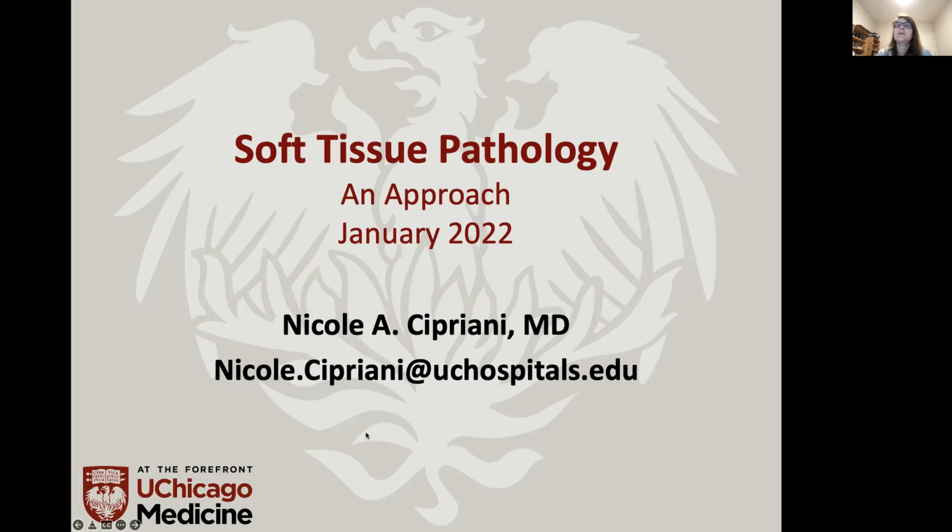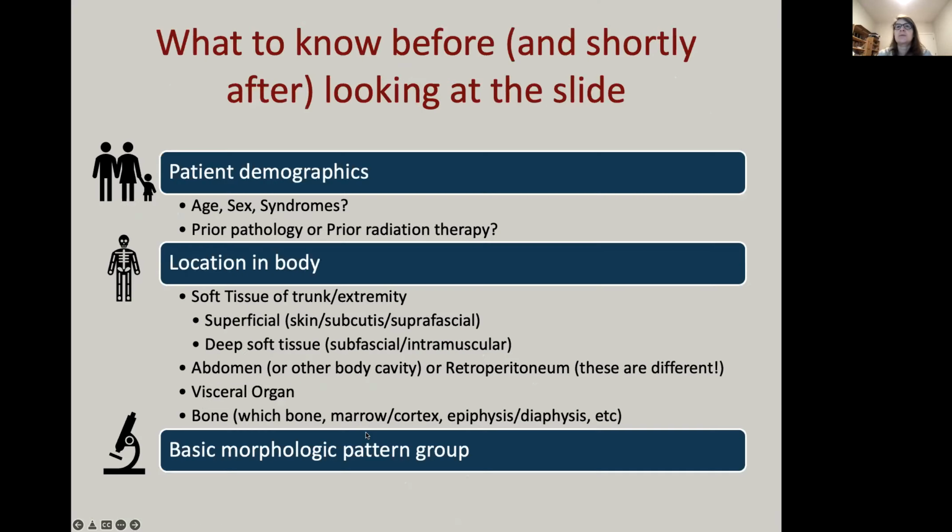So, okay, here's an approach. Mostly we're going to be talking about soft tissue, but honestly, these concepts can apply a little bit to bone as well. We're talking more about soft tissue because that's what we see more of. The things to keep in mind at all times, either before or while you start looking at the slide, are: what are the patient demographics?